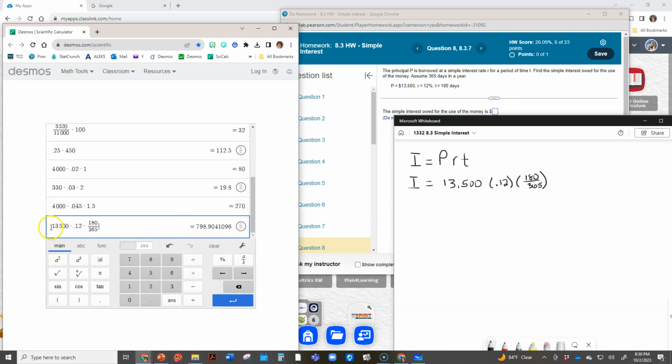Here's the calculator. I did $13,500 times 0.12. I changed the 12% to a decimal. And then the length of time is 180 days out of 365. That puts it in terms of a year. The part over the whole. What part of the year am I having my loan, and how many days does it take to make a full year?